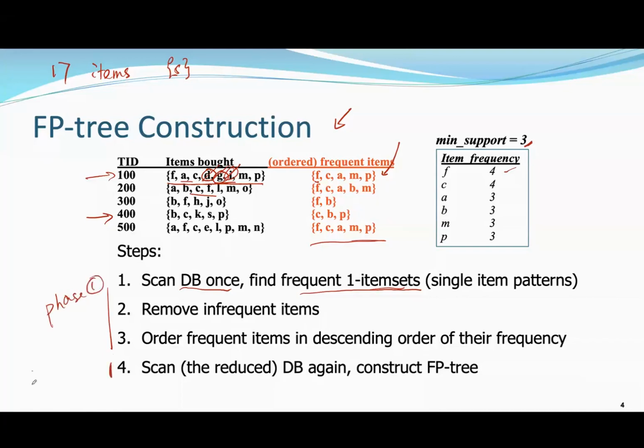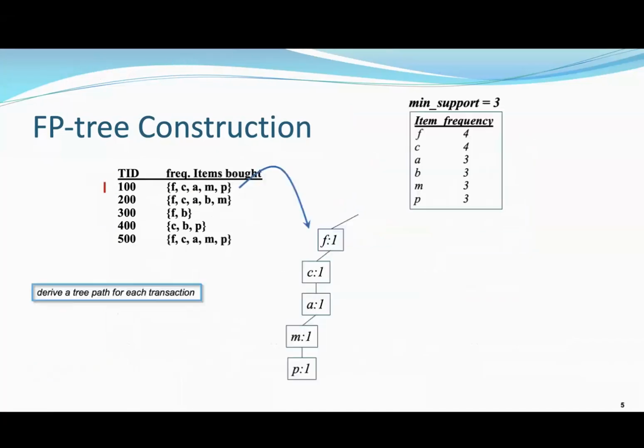Phase 2 is to scan this transformed data set and construct an FP tree out of it. So here, let me tell you how the FP tree is built. All right. Actually, it's quite simple. So here is the idea. We process each transaction after the transformation is done. And for each transaction, we construct 1 path in the tree according to the sorted order of the items within the transaction.